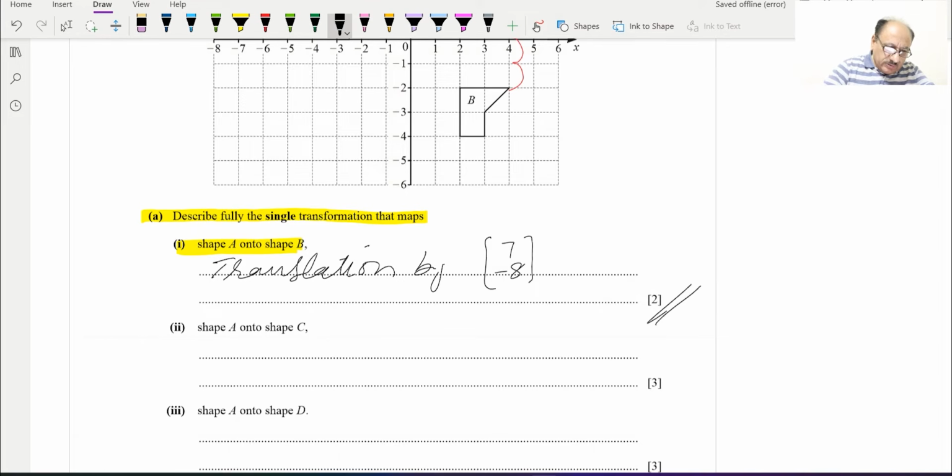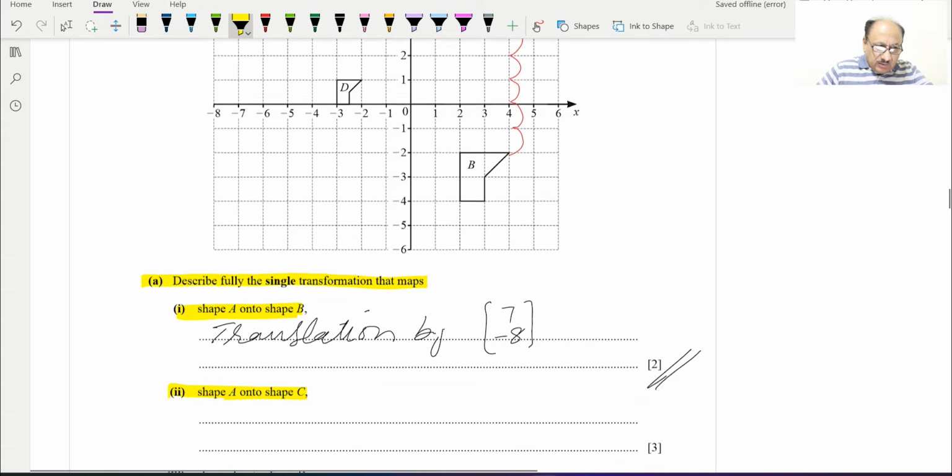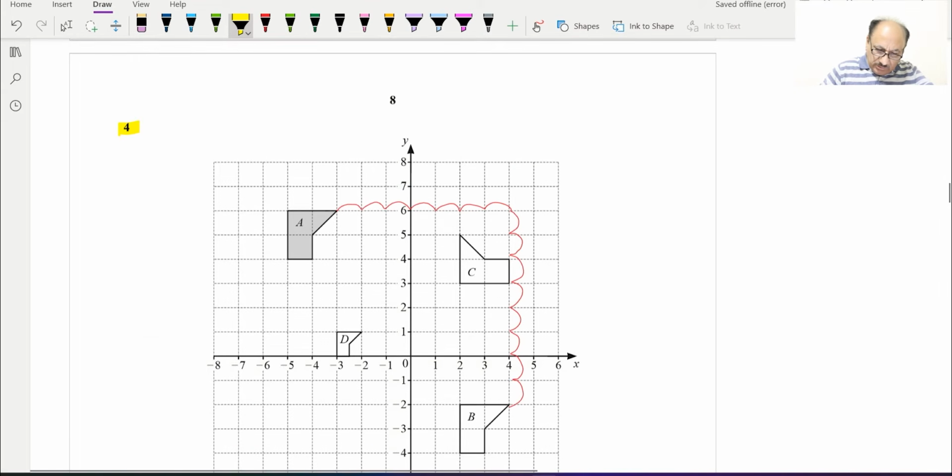Hopefully you understood this. Then second part, shape A onto C. A onto C is this shape, so we can see this is basically a rotation.